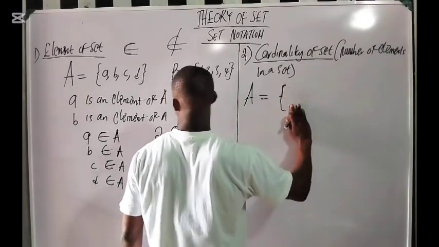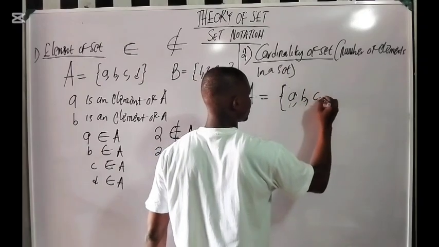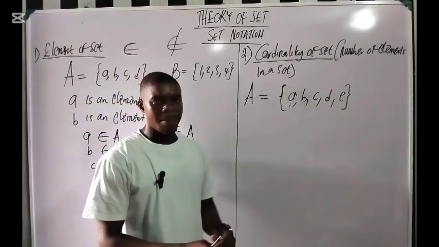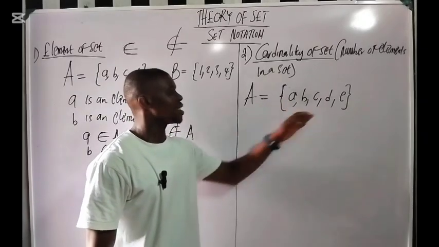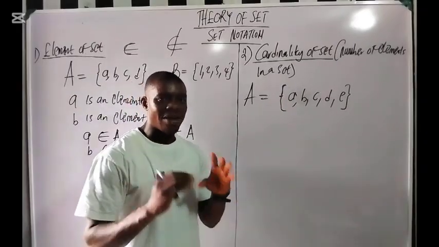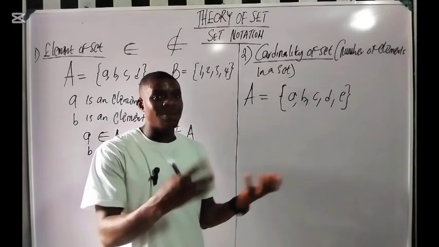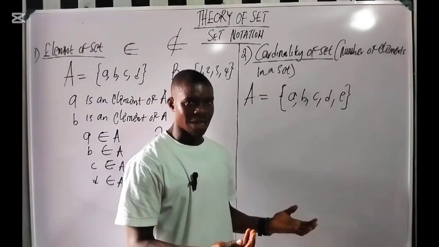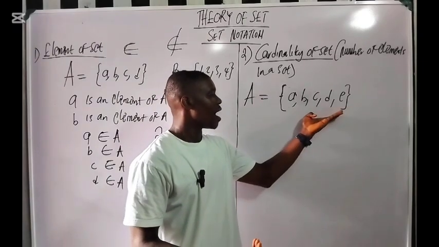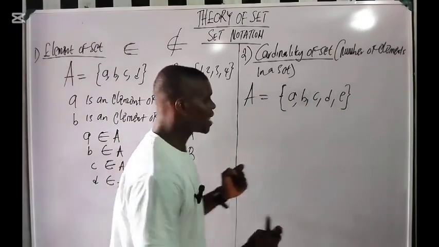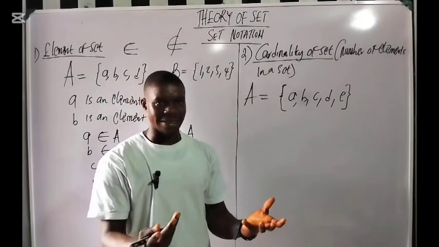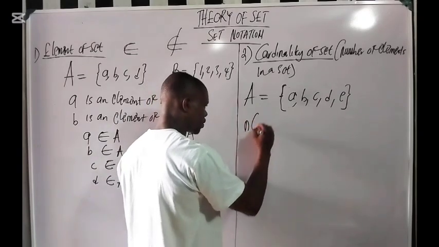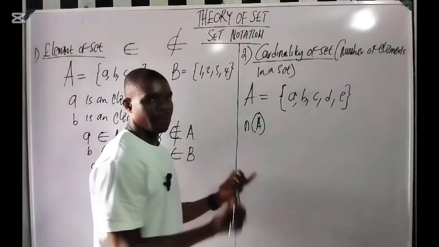Now let us pick another: A, B, C, D, and E. If they ask what is the cardinality of this set, they are simply asking how many members the set has. You don't spell out the word cardinality. If you want to talk about the cardinality of this set, you can just say n. This is how you represent it.